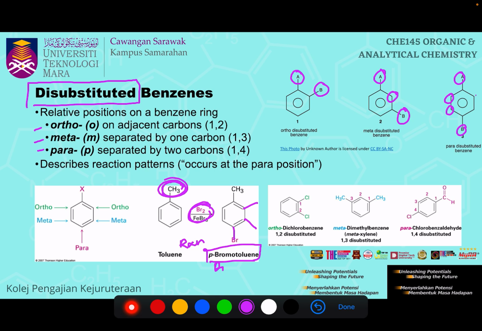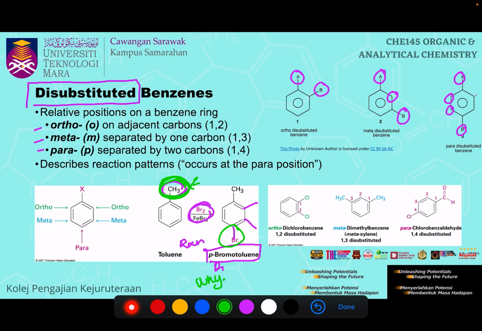Each will direct the positioning of the second substituent that is introduced. So here, if it is toluene, we add bromine, we will get a para-bromotoluene. Why? This is to do with the directing effects of the already present substituent methyl.